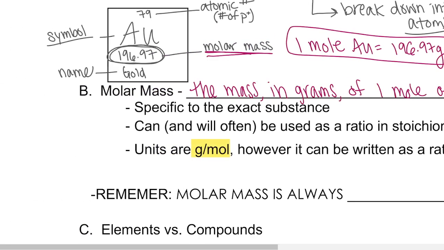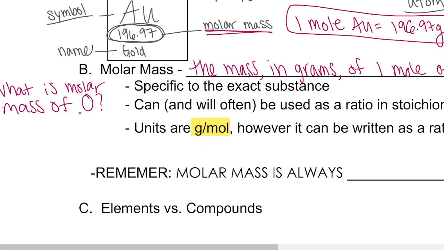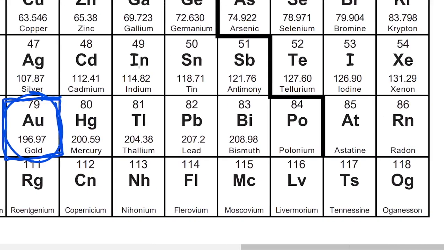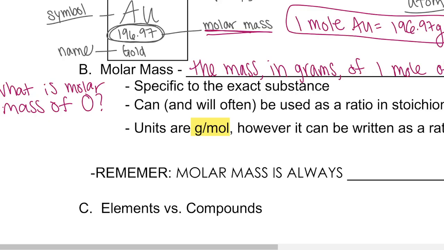So if I had a question on your test, for example, that said, what is the molar mass of, let's say, oxygen, what you would do is look up oxygen on your periodic table, and I see oxygen up here has a molar mass of 15.999, so the correct answer would be 15.999, and then the unit you would use on that is grams per mole.